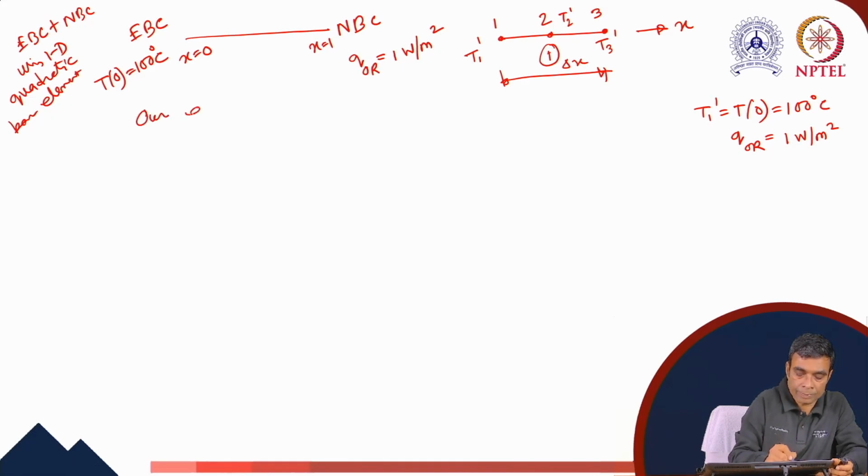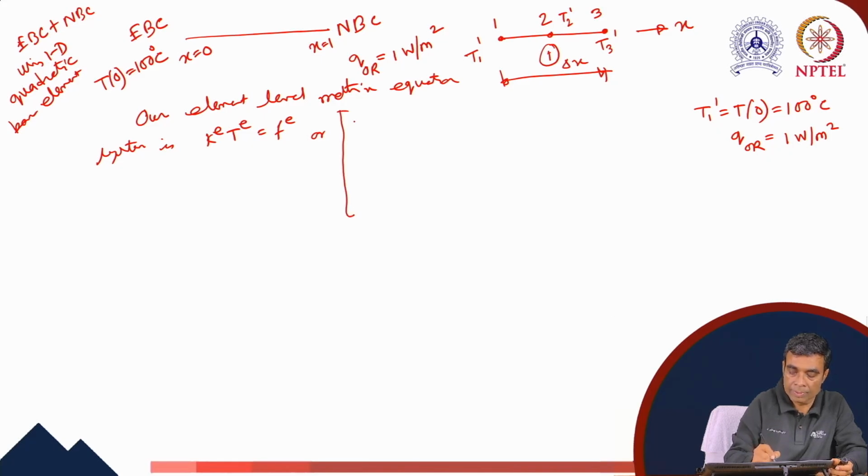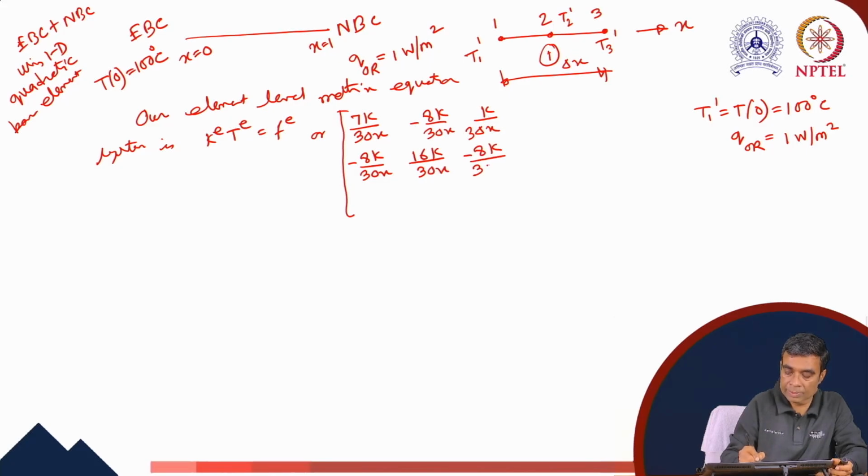Our element level matrix equation system is KE TE equals FE, or the matrix with entries 7K by 3 delta x, minus 8K by 3 delta x, K by 3 delta x; minus 8K by 3 delta x, 16K by 3 delta x, minus 8K by 3 delta x; K by 3 delta x, minus 8K by 3 delta x, 7K by 3 delta x.